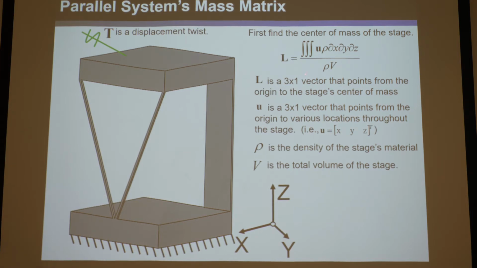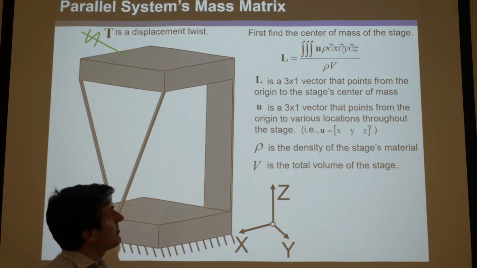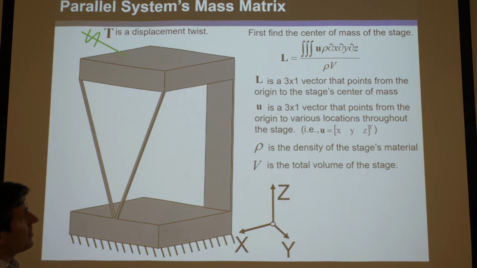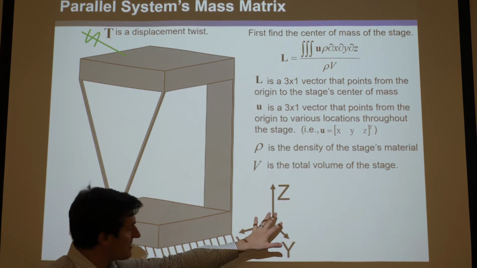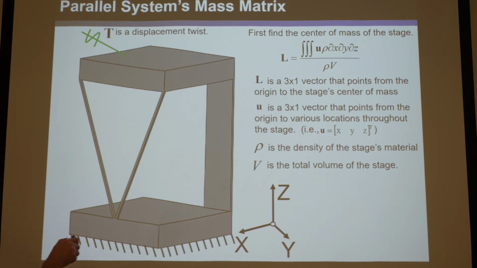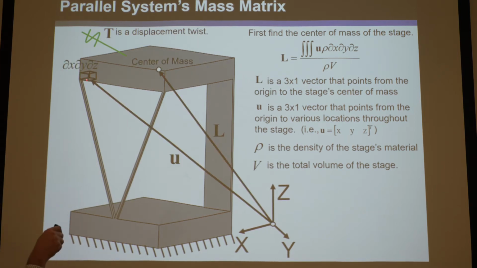Well, the general equation to find the center of mass with respect to this global coordinate system down here is the triple integral of the vector, the points from this global coordinate system to various locations on the stage, times the density times dx, dy, dz, which is an infinitesimal increment of volume.